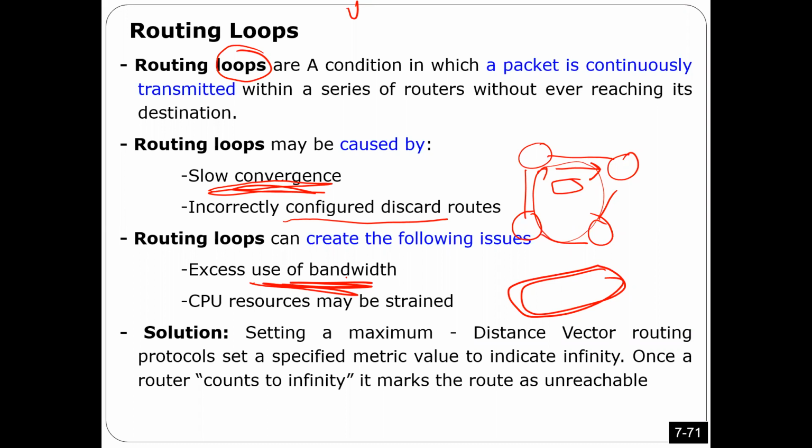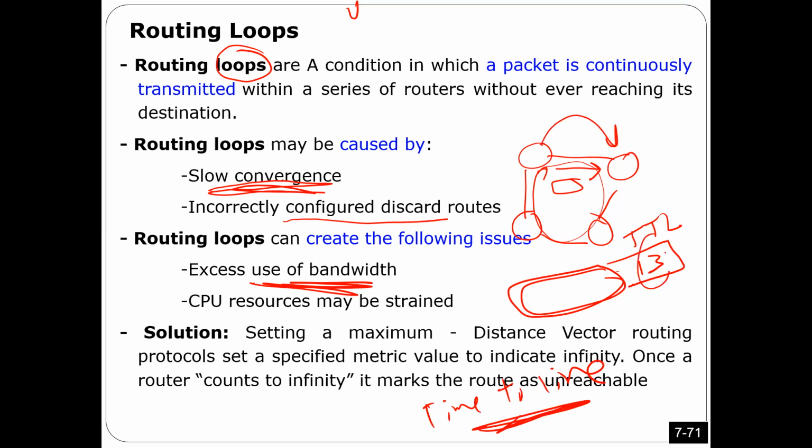That's why in most protocols, in every packet they put something we call time to live. For example, if I say time to live is 13, that means every time I forward a packet, I'm going to reduce this by 1. That means we should not forward the packet more than 13 times. Once it reaches the limit, I'm going to drop it.